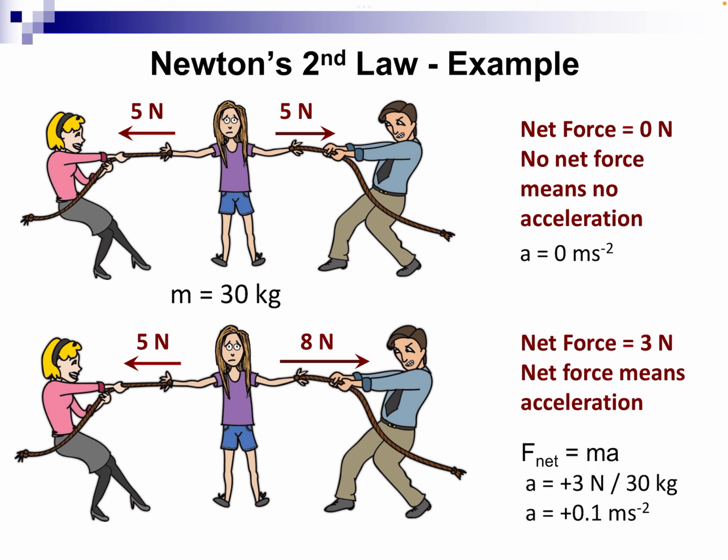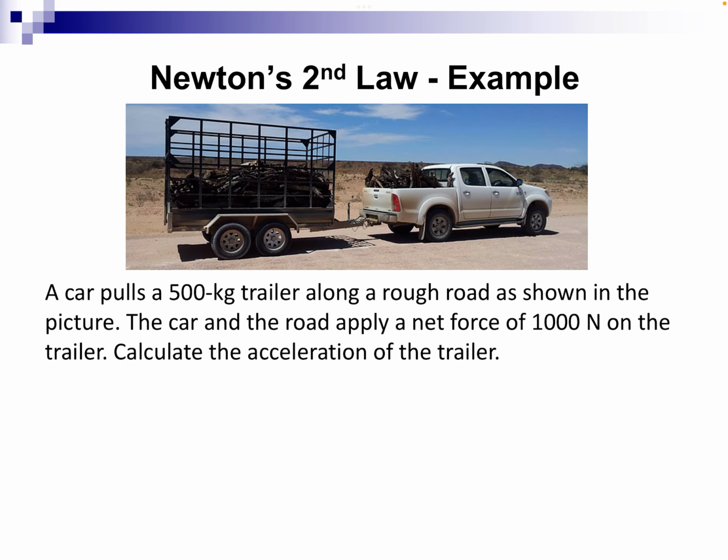You can calculate the girl's acceleration by using Newton's second law of motion. Net force is equal to mass times acceleration, or acceleration equals net force, 3 newtons to the right, divided by the mass, 30 kilograms. That gives you an acceleration of 0.1 meters per second squared to the right, indicated by this plus sign here in the answer.